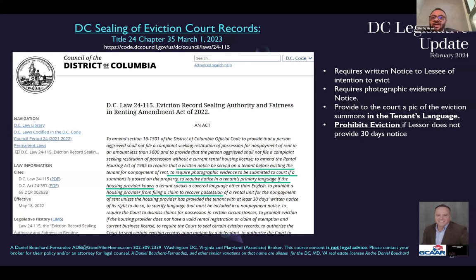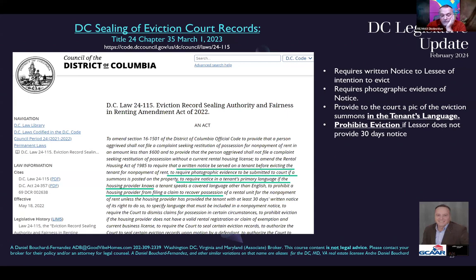Just to add to that, Dan, even if it says in the lease you're waiving this right, this supersedes that in your lease. That is correct. And I will also add that the photographic evidence must show the date and time to the minute of when it was posted. And then you require an affidavit saying that it was posted at that time.